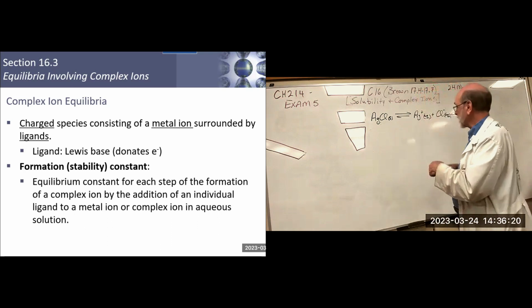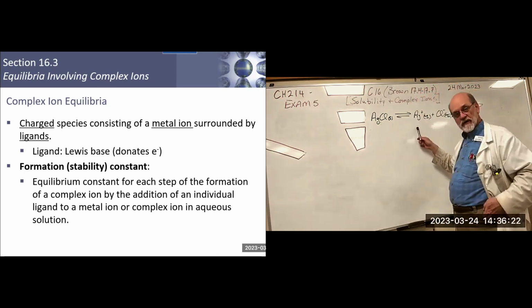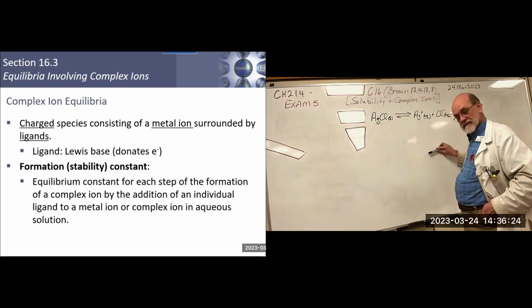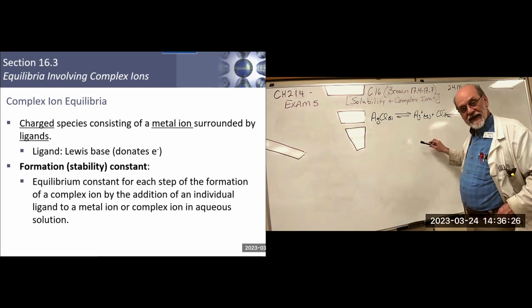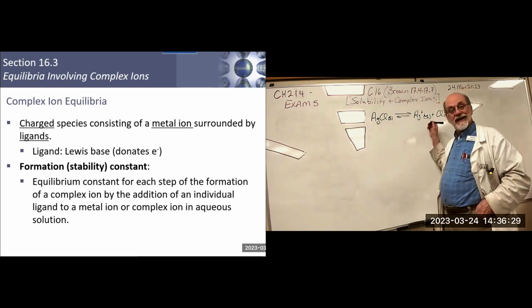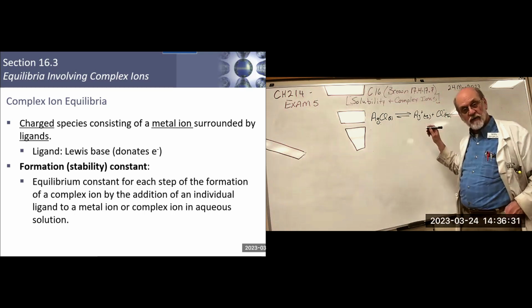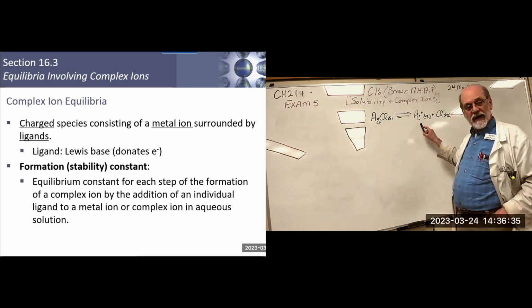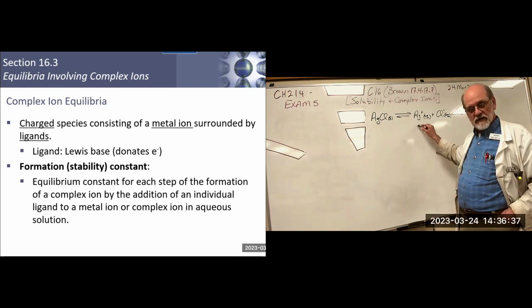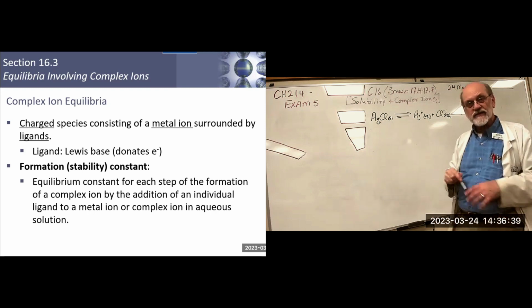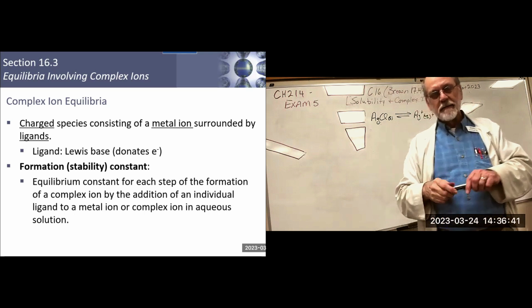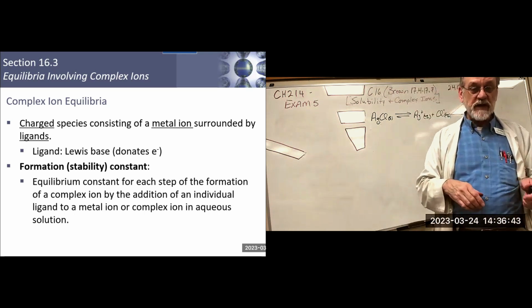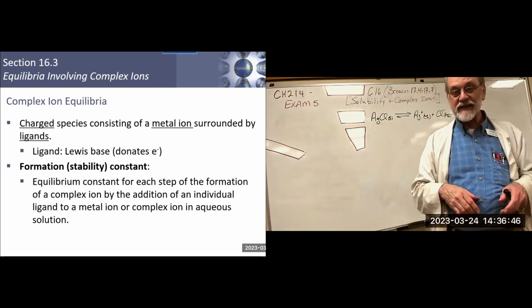So if we can find something that can bond with this silver and go into solution, then it will drive the reaction to the right, right? We need to couple a reaction to this so that we can form a soluble complex ion with silver. That's the next possibility for increasing the solubility of a slightly soluble compound.